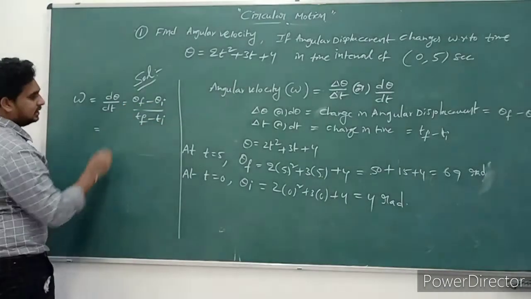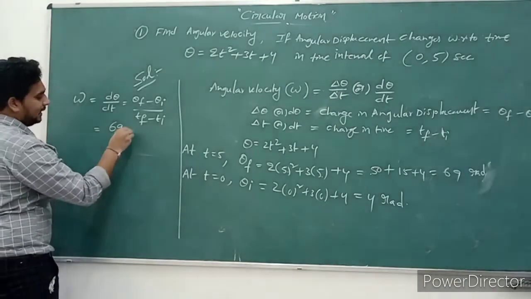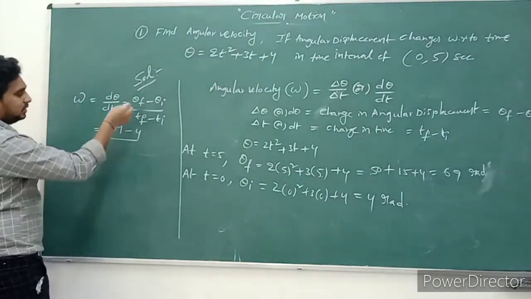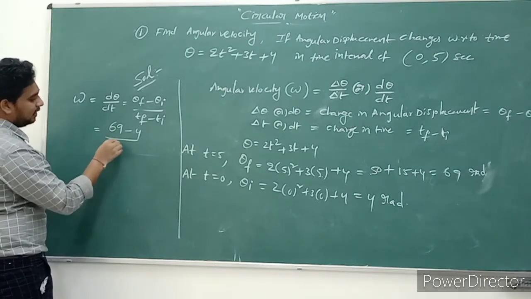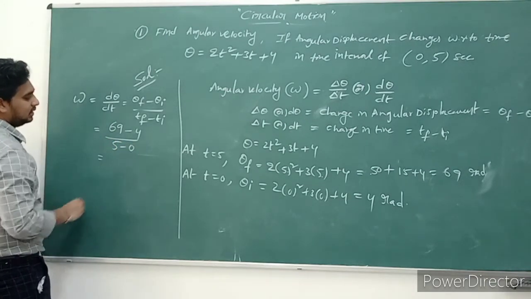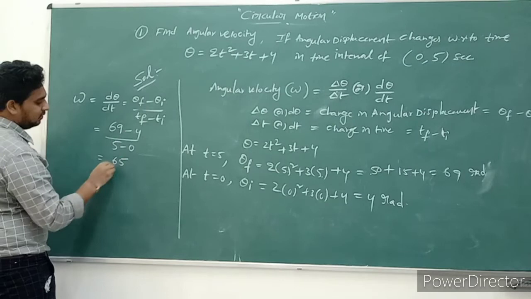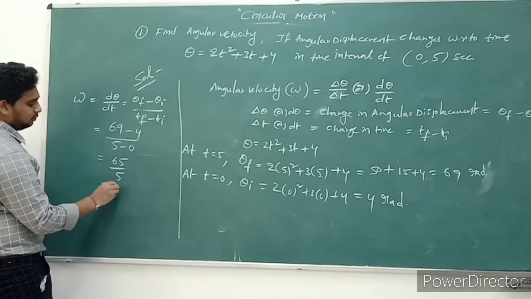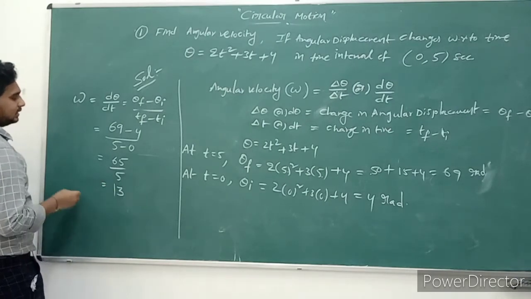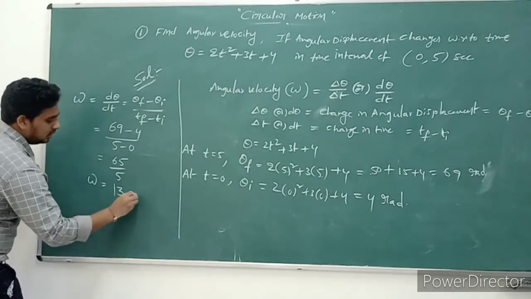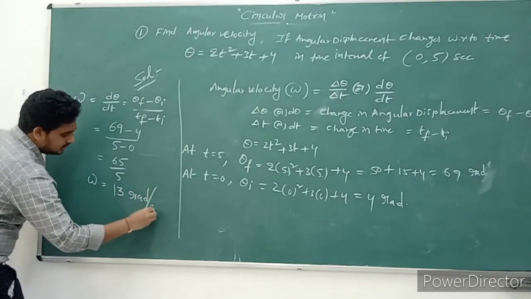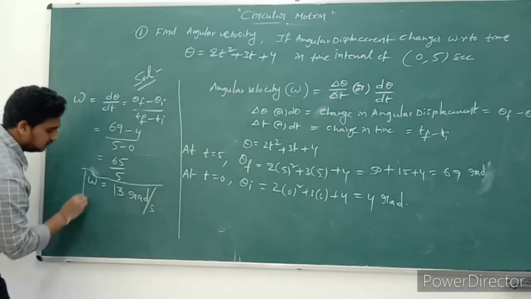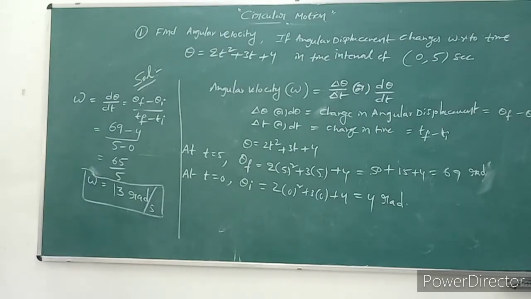Final angular displacement 69 minus initial angular displacement 4, by final time 5 minus 0. So 69 minus 4 is 65, and 65 by 5 is 13. Omega is equal to 13 radian per second.